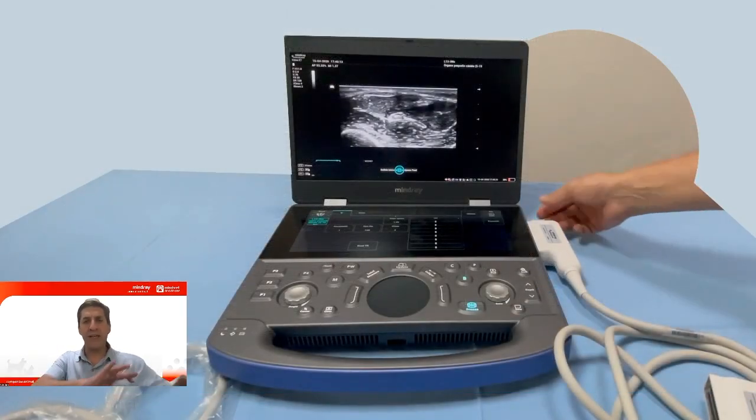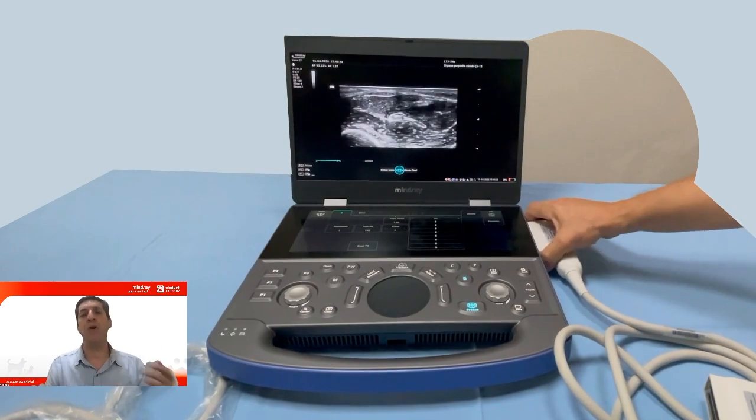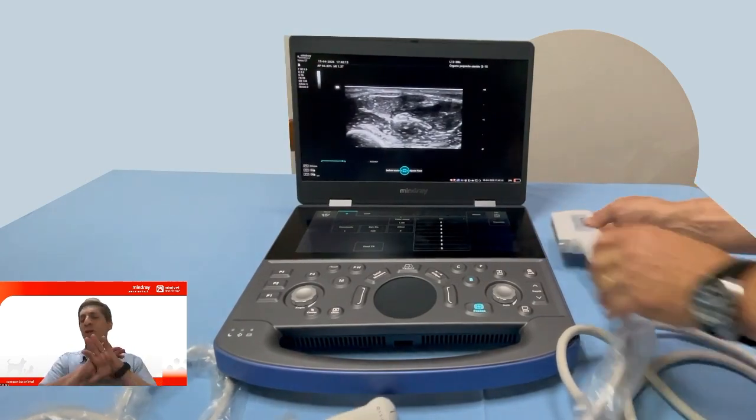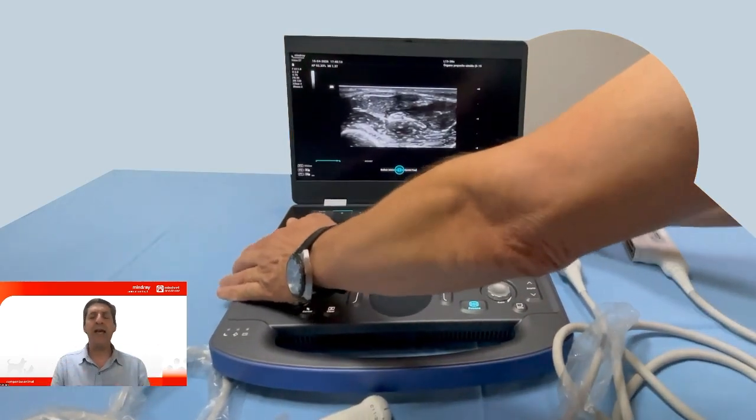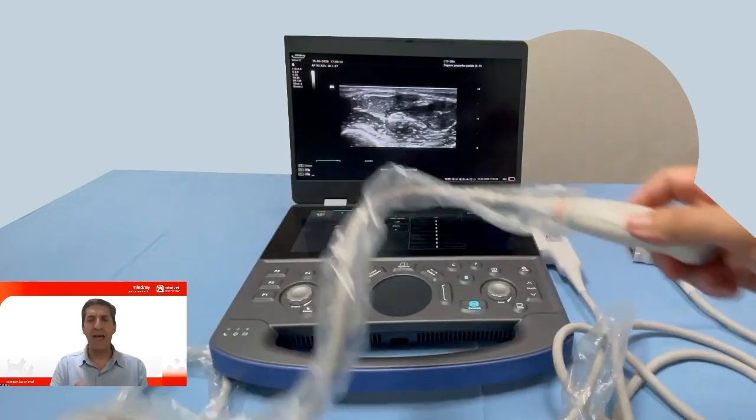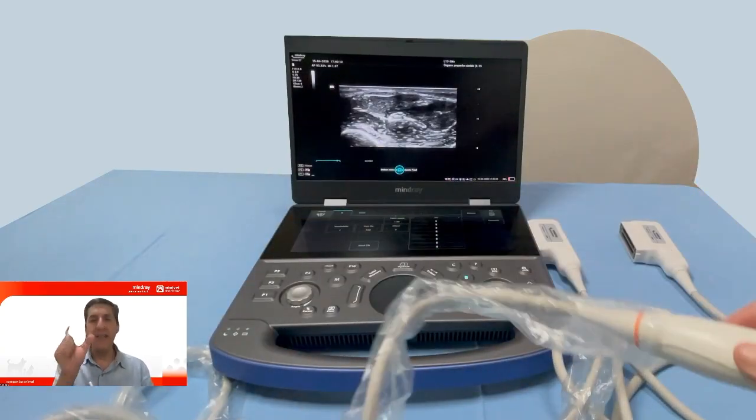As I mentioned, we can use different probes. The most useful and common in regional anesthesia are the linear probes, because the linear probes allow us to see a wide scenario in the superficial tissues.